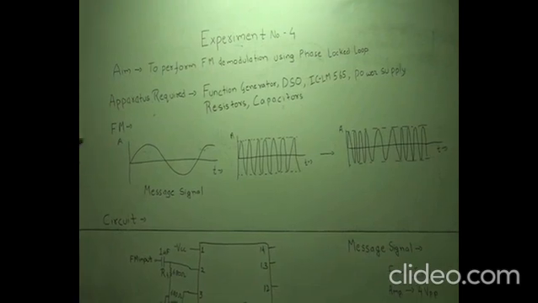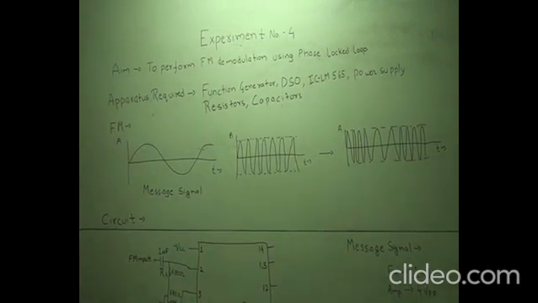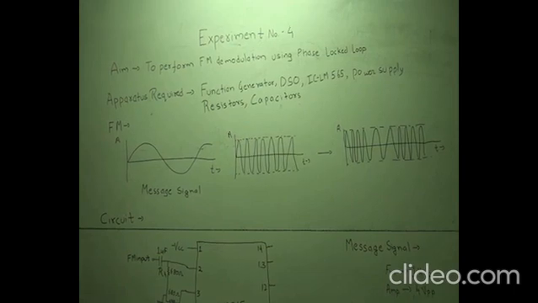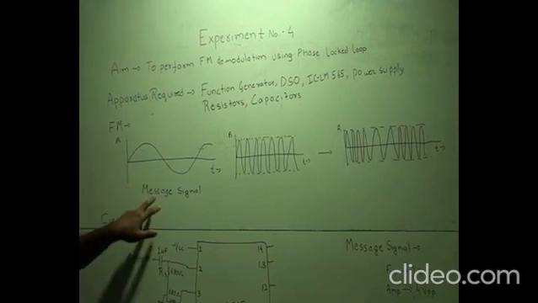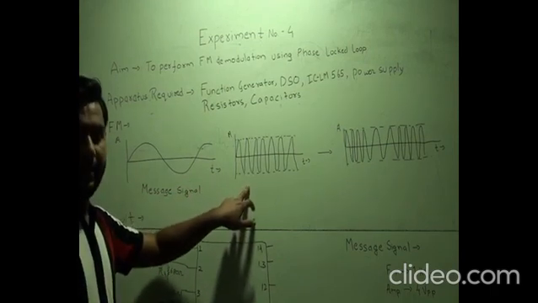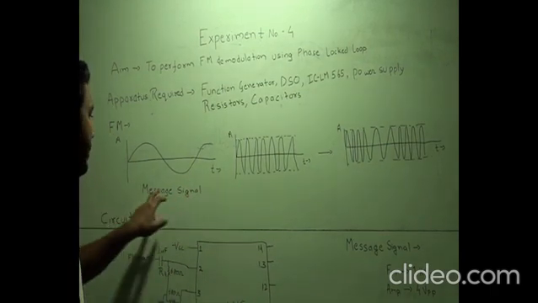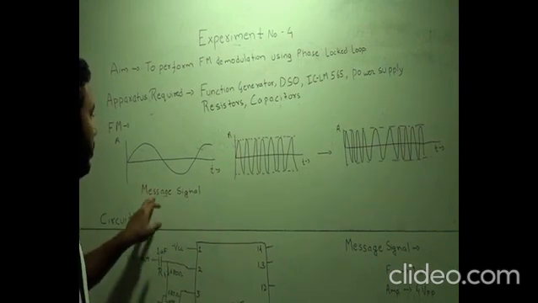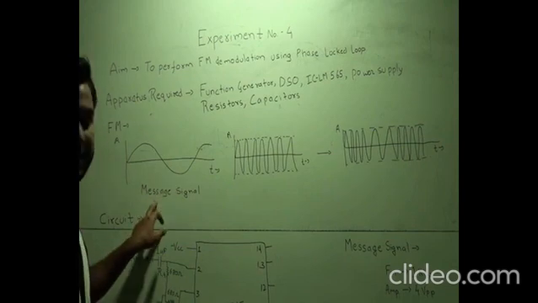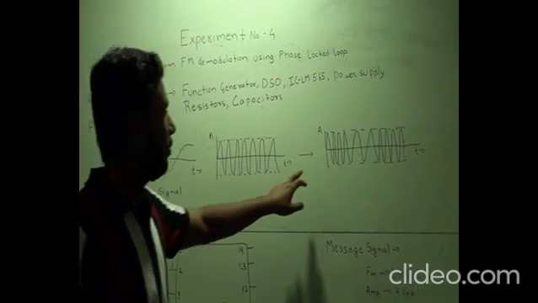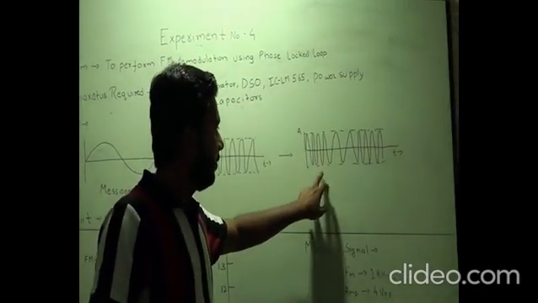Now first we will try to get a basic idea of the FM signal, how this FM modulation is done. Here you can see that there is a message signal and this is a carrier signal. You can clearly see that the frequency of message signal and carrier signal are different. When we modulate the message signal according to the carrier signal, what we get as a modulated signal is this one.